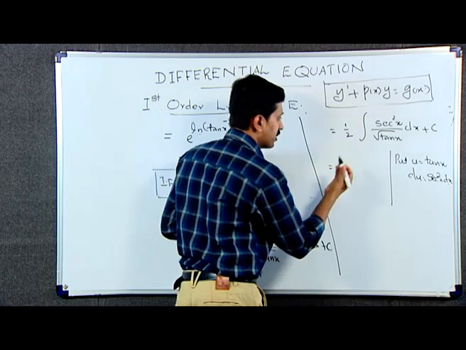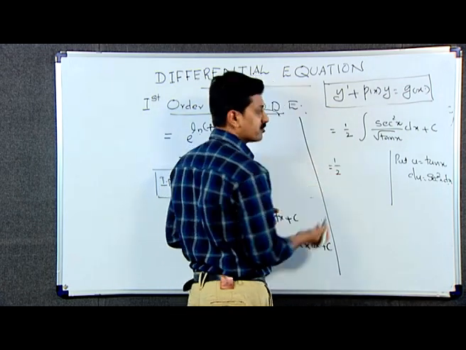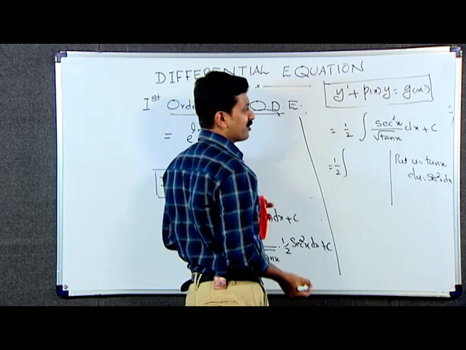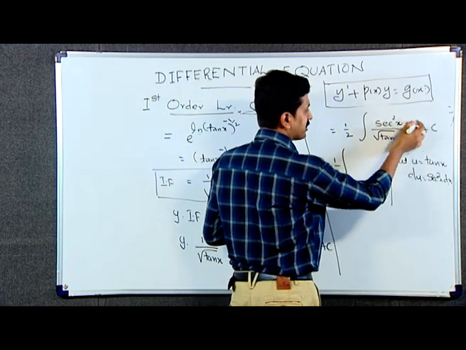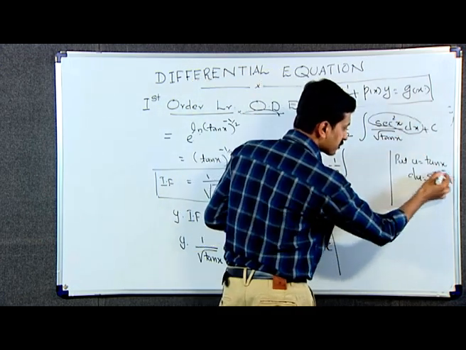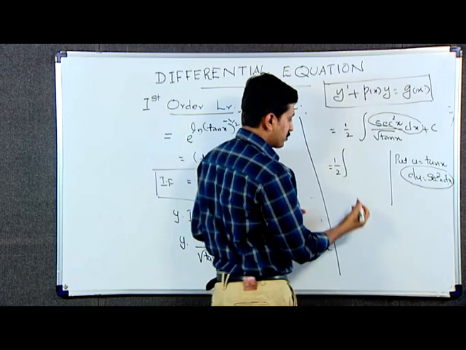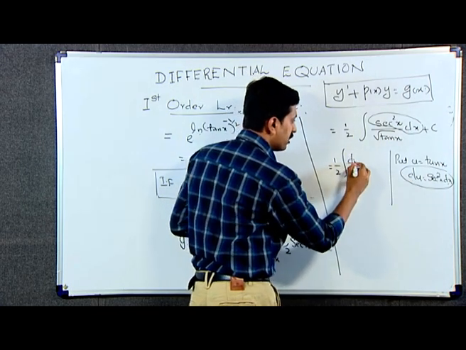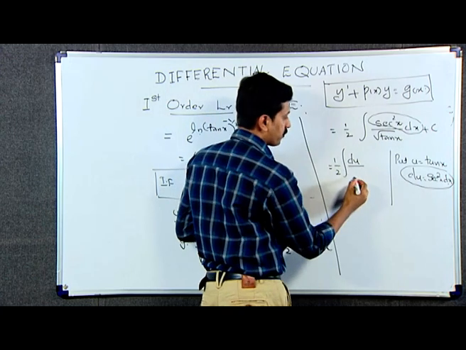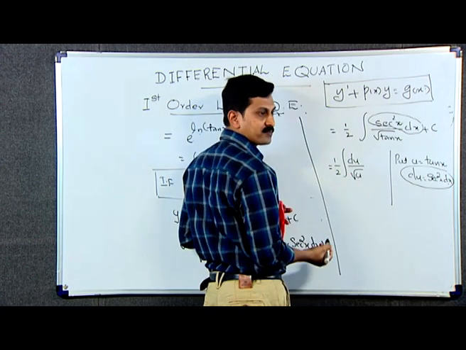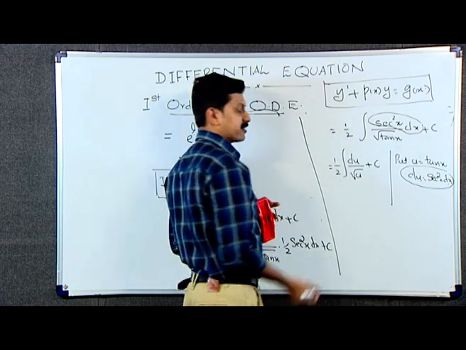So this will be equal to 1 by 2 into integral of sec square x dx, and sec square x dx is du. So sec square x dx divided by root of tan x is du divided by root u, plus c.